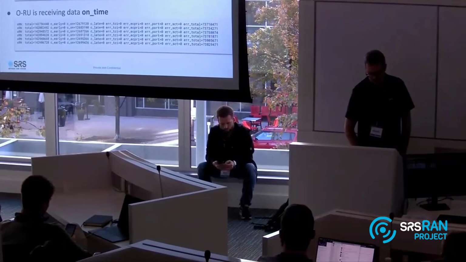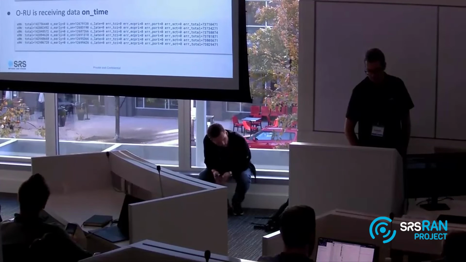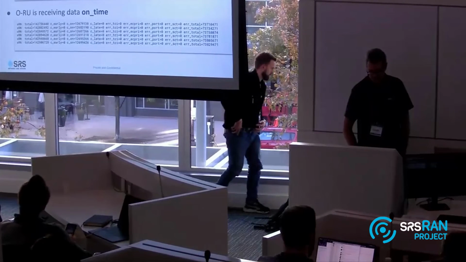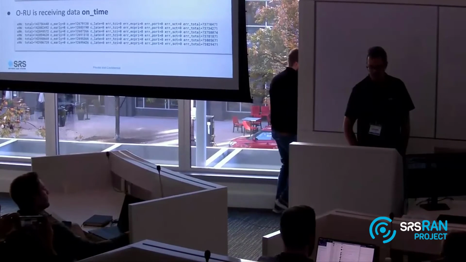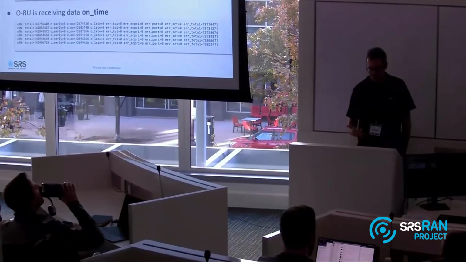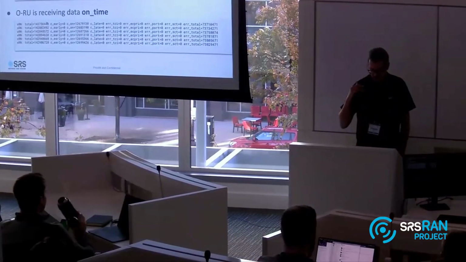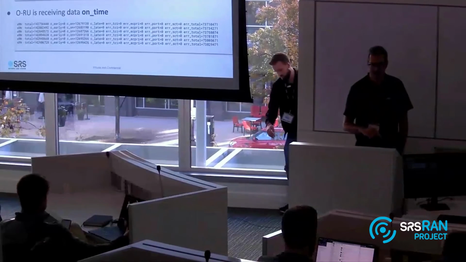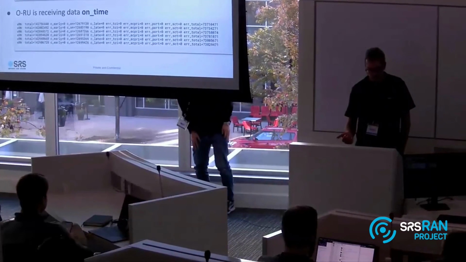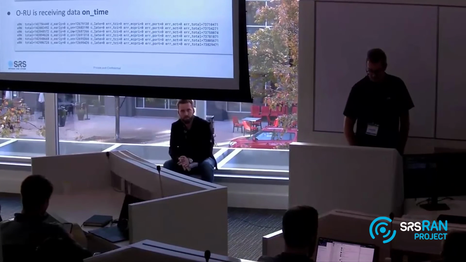Second checklist item: obviously check in the console output that you see something like this, that it's generating the signal on the bandwidth and the frequency that you want. No errors, no messages. Then you can check on the O-RU that it's receiving the data in the control and user plane with no errors, and it's receiving it on time.